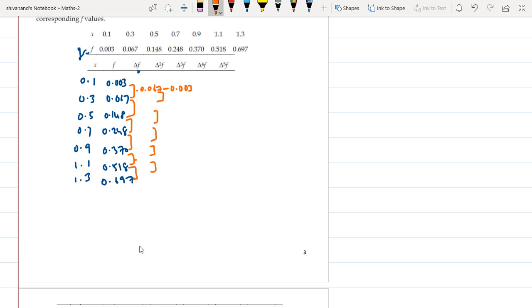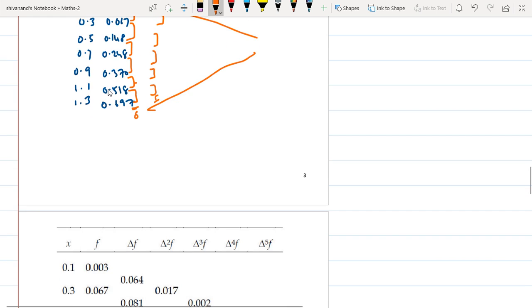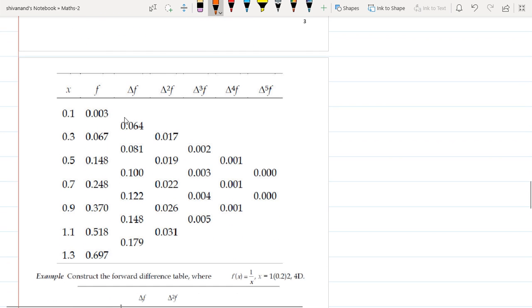In delta f there are 6 terms in total, and here it will be 5 terms, and it goes on decreasing like this. When it comes to delta square, let us see the table. It will be in this alignment.